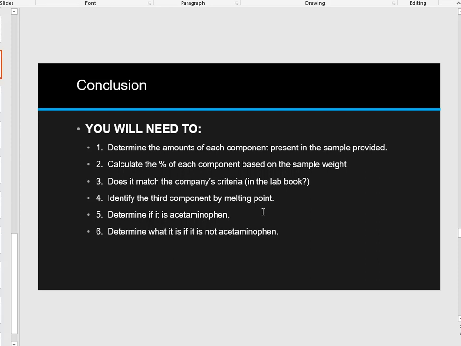And maybe it's just simple old Tylenol. So is your melting point closer to Tylenol and not acetaminophen or not phenacetin? If so, then not a problem. You know what that melting point is now. And number 6, determine what it is if it's not acetaminophen. So again, you've only got 2 choices. You've got a 50-50 shot of getting it right if it's not acetaminophen at all.